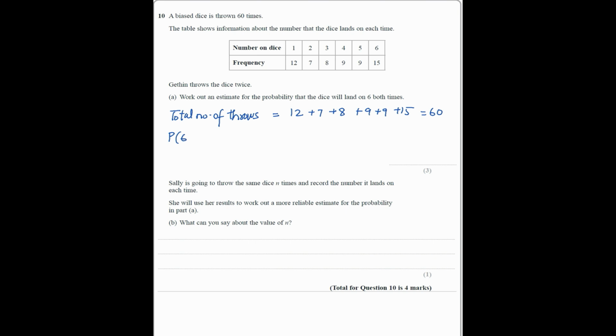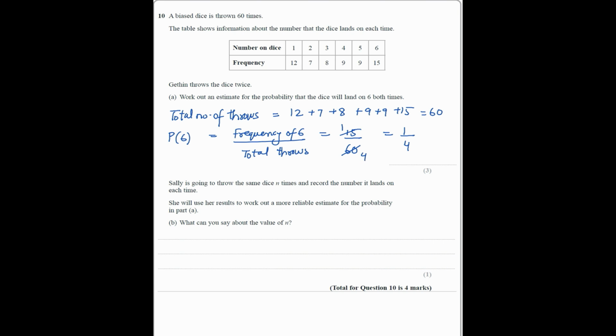P of 6 equals frequency of 6 divided by total throws. It will give you 15 over 60, which is equal to 1 over 4. 15 fours are 60.